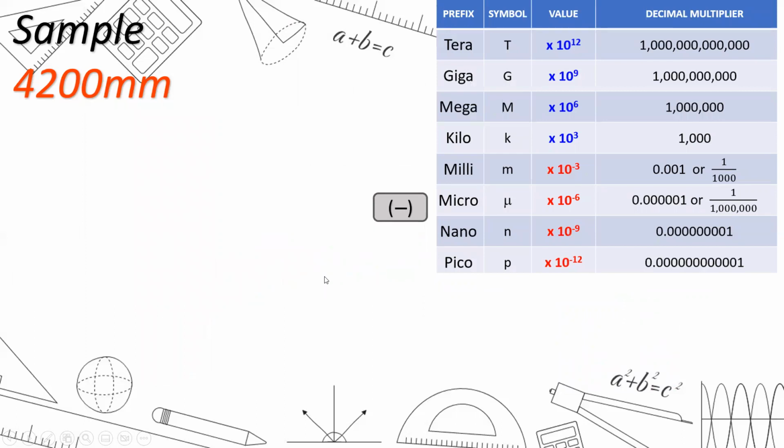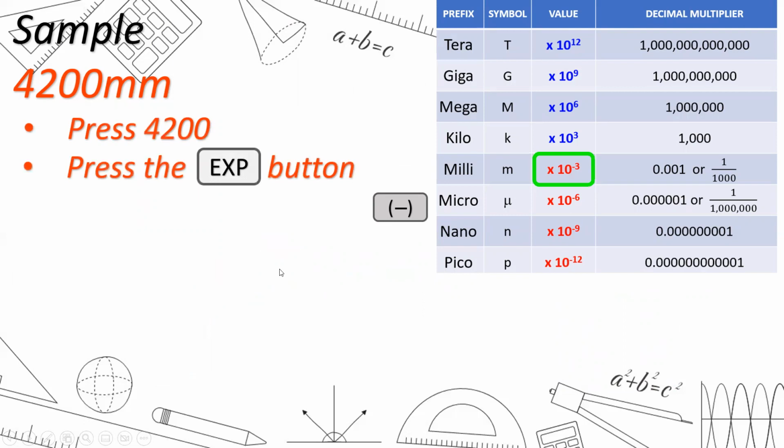So let's have another example. Let us try to express 4,200 millimeter in another expression or value. Simply press 4200 in your calculator. Then press the EXP button and press the negative button.